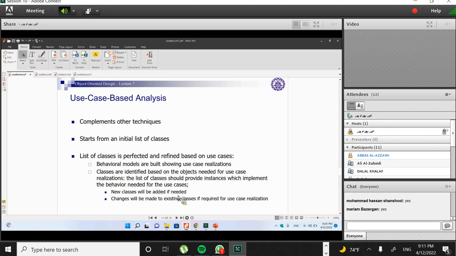New classes will be added if needed when we check some behavioral aspects of the objects in our system, and if we feel it's needed, we define more classes and change some of the existing classes.